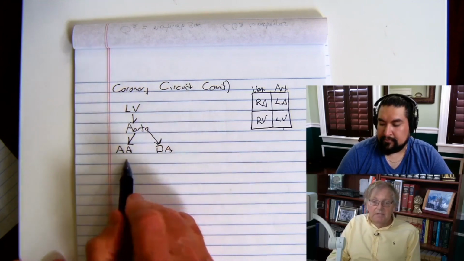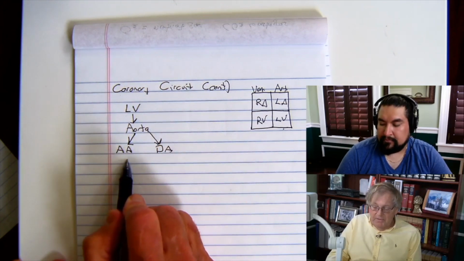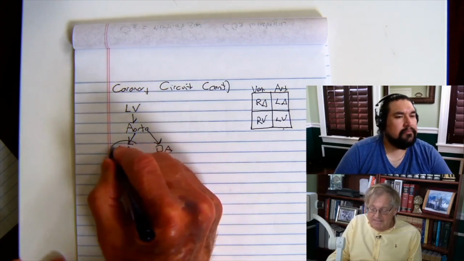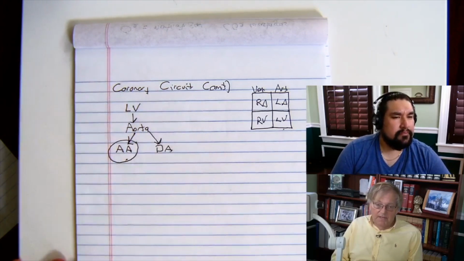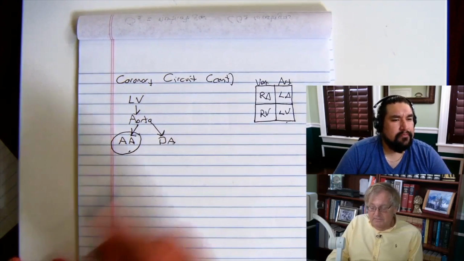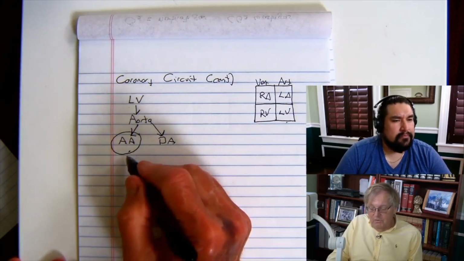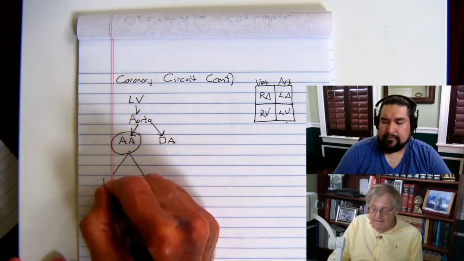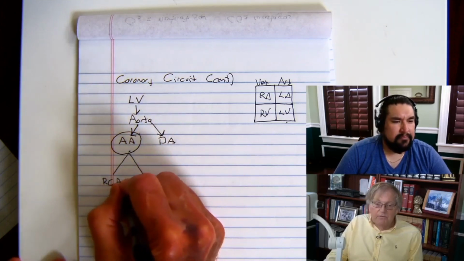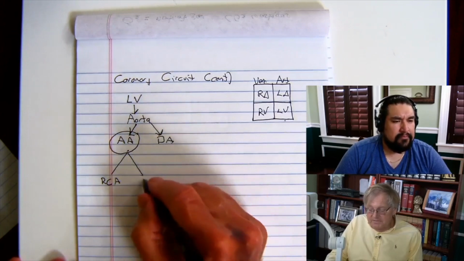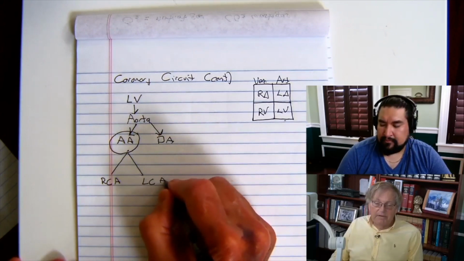It's this one here that I'm going to be concerned about with the coronary circuit, because the ascending aorta, as it goes over the arch of the aorta, is going to take a flip and it's going to go into two vessels, and that's going to be called the RCA, which stands for the right coronary artery, and the LCA, the left coronary artery.